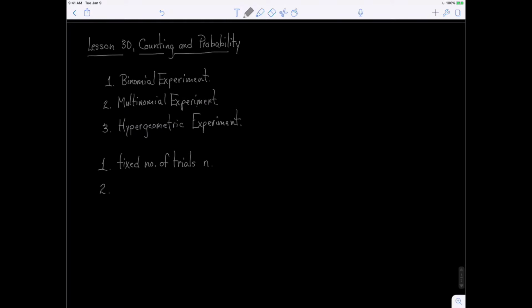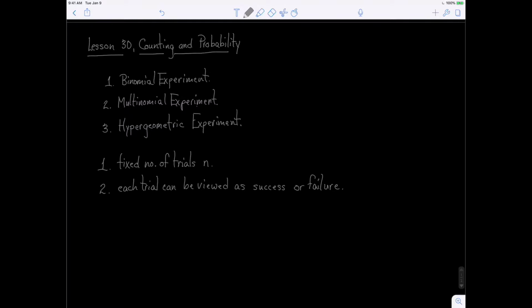Two, each trial can be viewed as success or failure. For example, if you flip a coin, you may consider a head being a success and a tail being a failure.